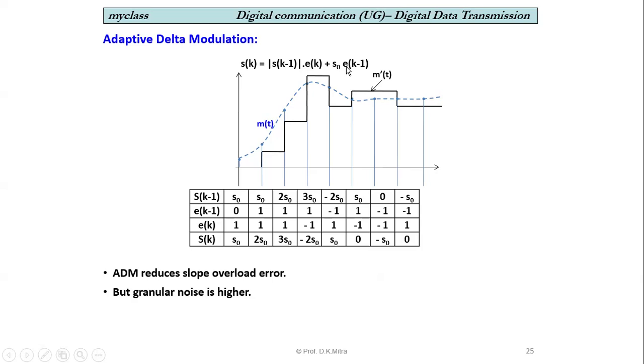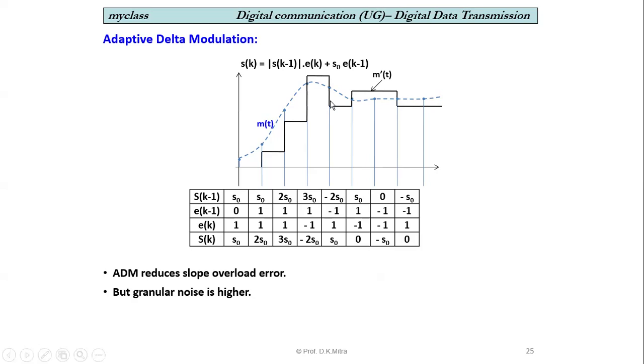If I put this value here, Sk minus 1 is 3S0 multiplied by Ek, the present error, which is minus 1. So it is minus 3S0. And Ek minus 1 was 1, so S0 into 1 is S0. So minus 3S0 plus S0 is minus 2S0. So now we take a 2-step backward jump.